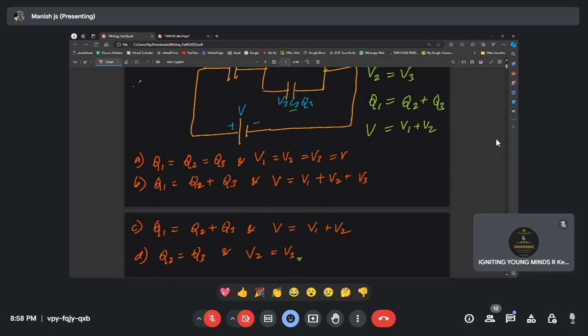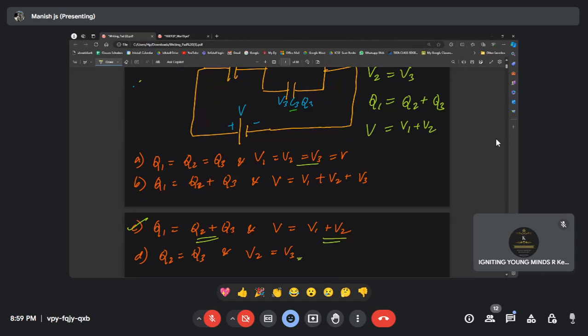Third option, right? The first option also has it, but it equates to the total overall potential. So in the third one, V is equal to V1 plus V2. Yes. Q1 is equal to Q2 plus Q3. Yes, that is also correct. So option C is the most appropriate. The answer is option C in this case.